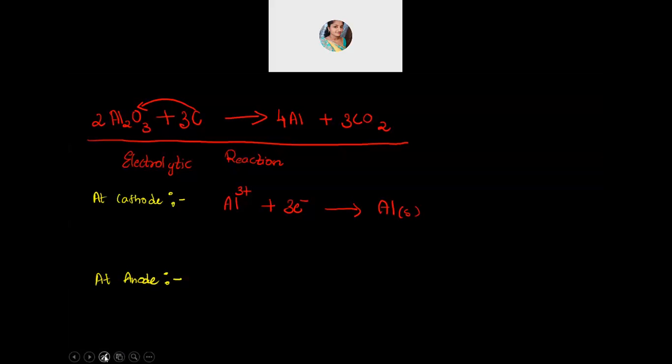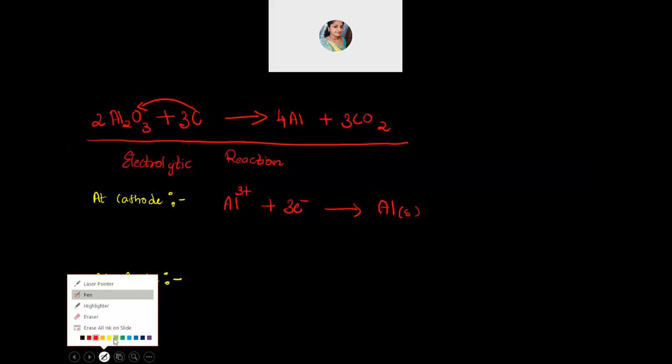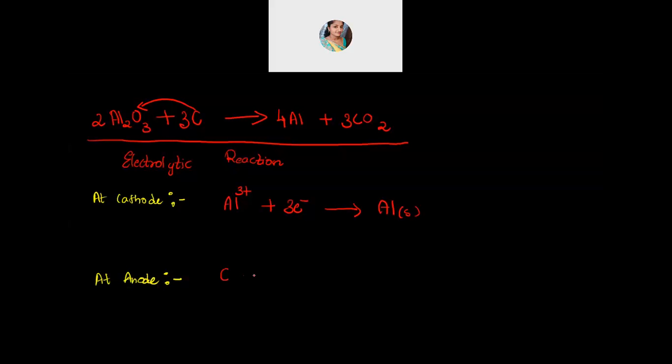Then at the anode what we had? At the anode we are having the carbon rod here. The carbon rod is combining with the oxygen which is there in the alumina, because at higher temperature they are broken down into Al3+ and O2-. Al3+ went to the cathode side for reduction. At the cathode, reduction is taking place. I am writing that also here.